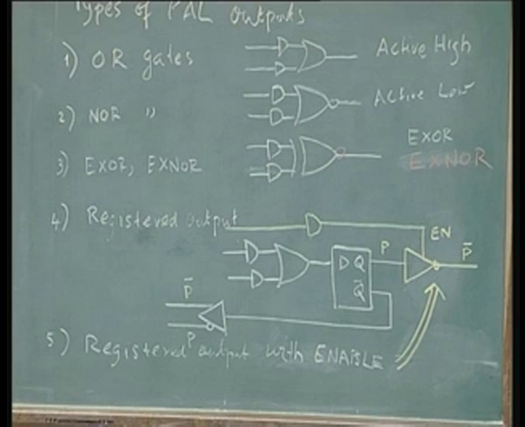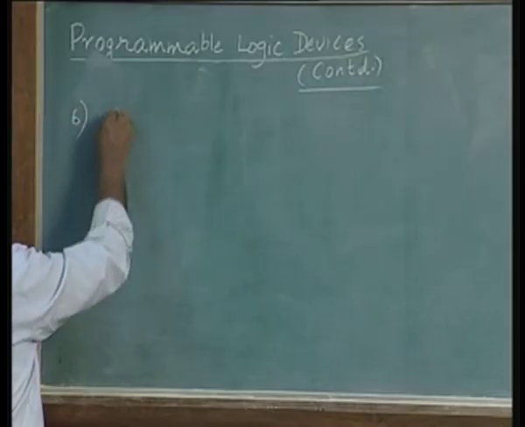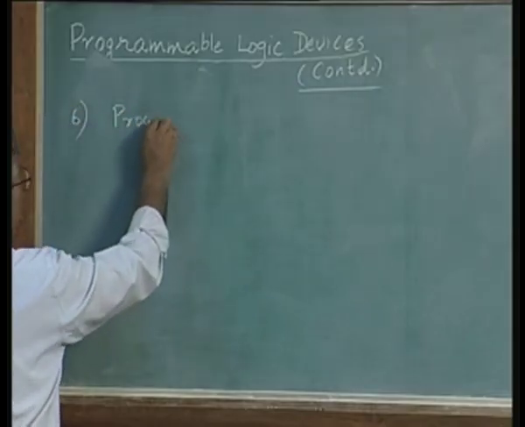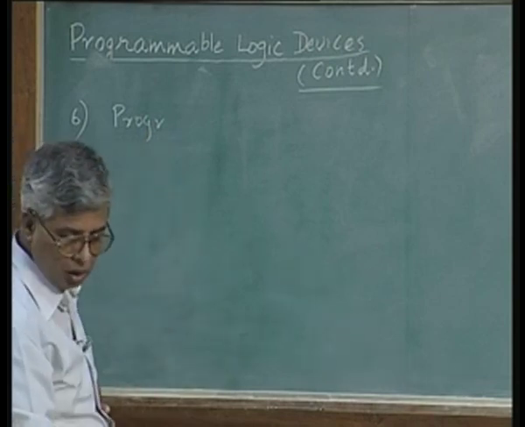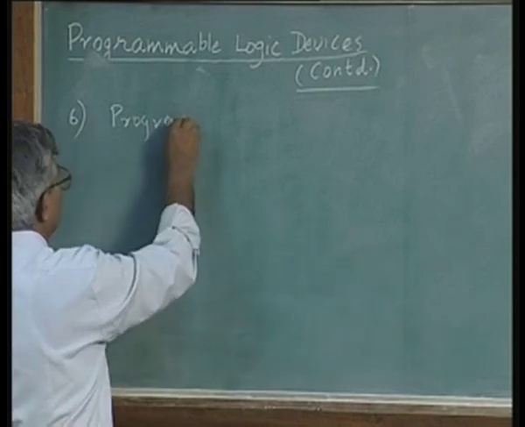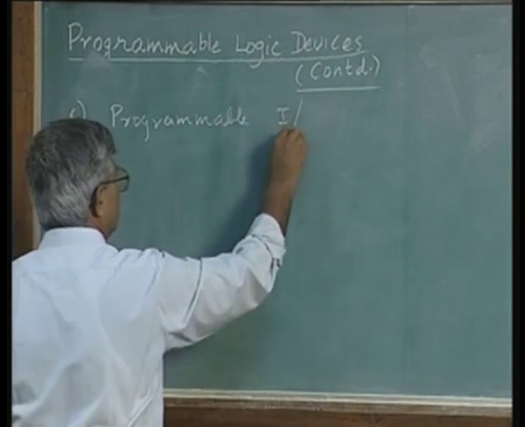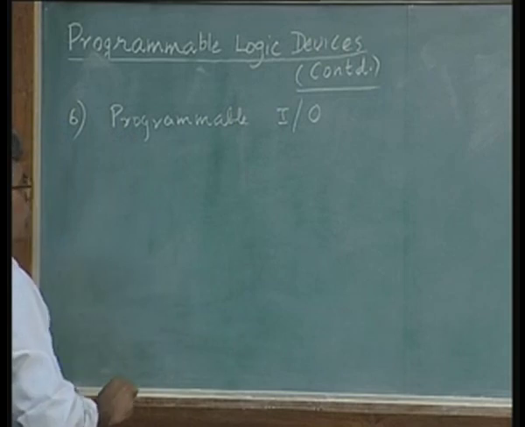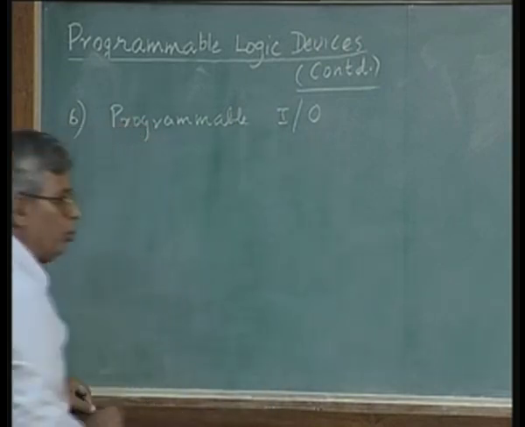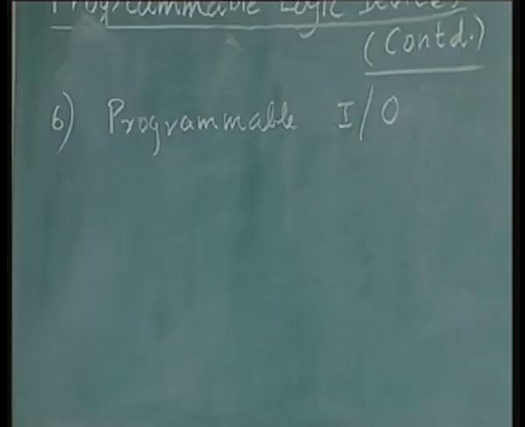The last type of output that is available is called programmable I/O, programmable input and output. This is a very interesting and important type of output function.